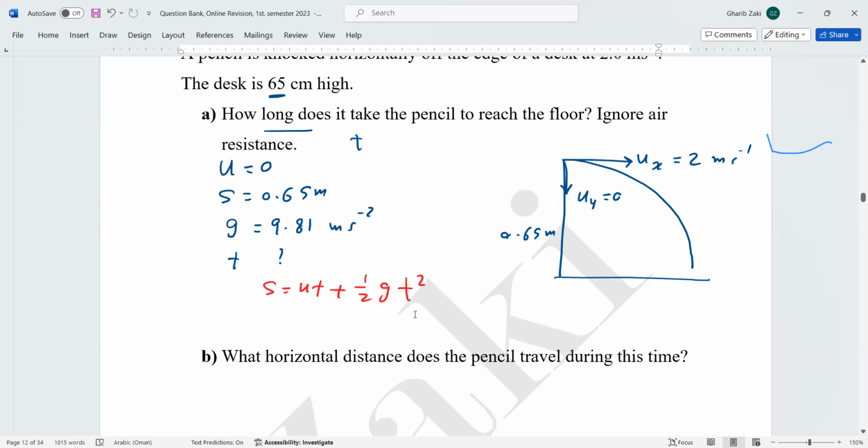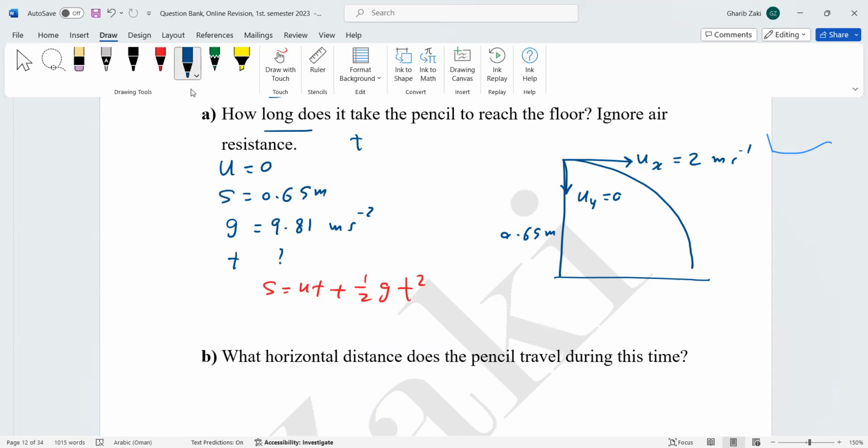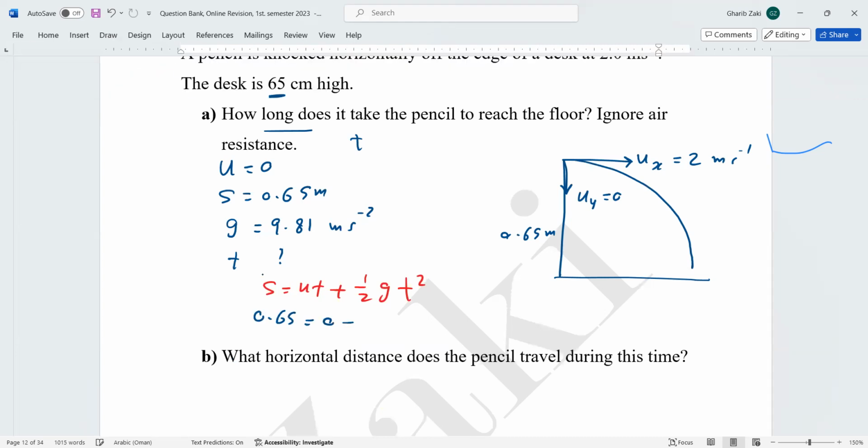From this formula, we can calculate the time. Just substitute: 0.65 equals 0 plus half times 9.81 multiplied by t squared. From this, we get t squared, and then we take the square root of the answer. It becomes 0.36 seconds, but I will check the answer.